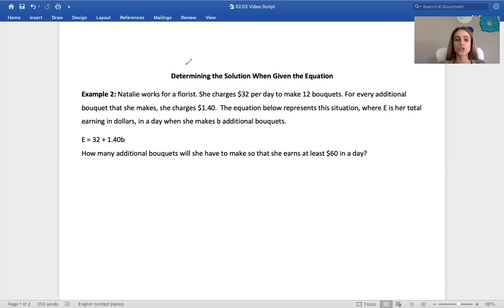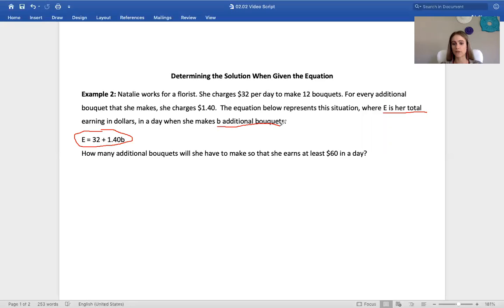For every additional bouquet that she makes, she charges $1.40. The equation below represents this situation where E is her total earnings in dollars in a day when she makes B additional bouquets. So here we have the equation, and E is the total amount of money and B represents bouquets.